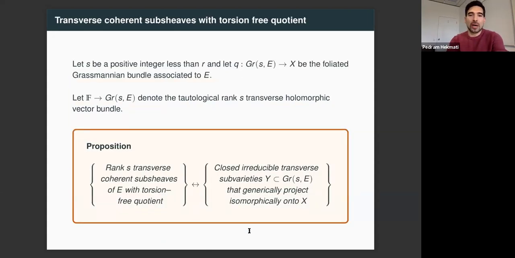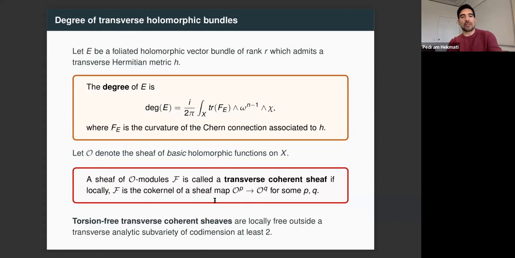And now we immediately face an issue: to define a degree for these transverse coherent sheaves, we want to define the determinant. That still is done in the usual way. Pick a finite local resolution, and you can define the determinant as the product of alternating determinants, that gives you a line bundle, a basic line bundle.